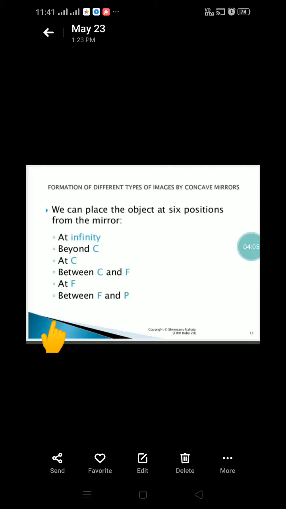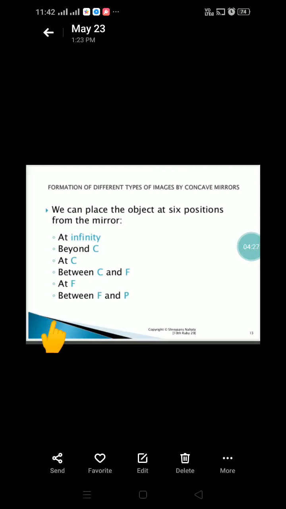And one more case. If it is placed at 22 centimeter, it means it is placed between F and C, because the distance to the F is 20 and from F to C it's again 20.